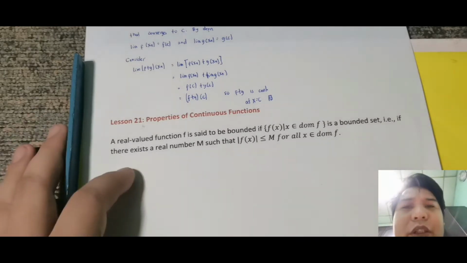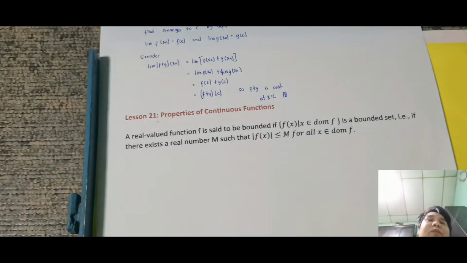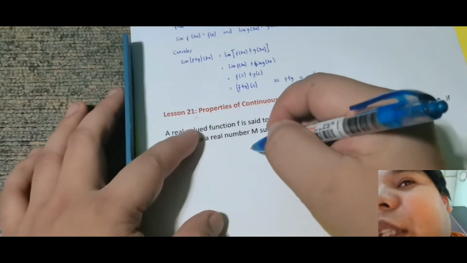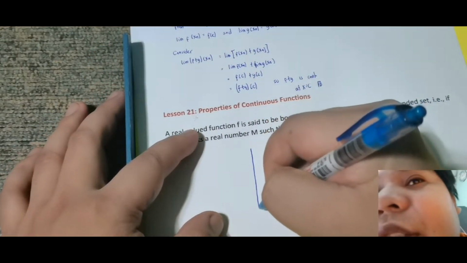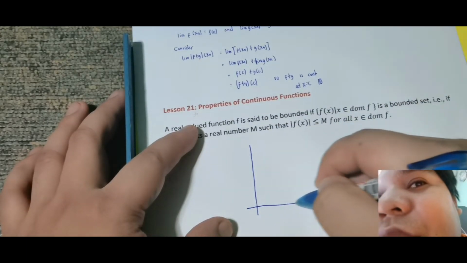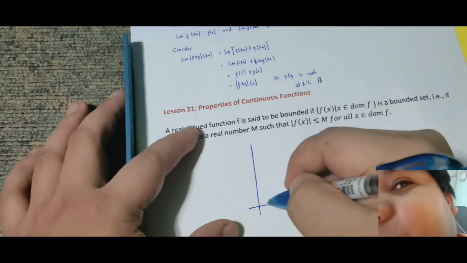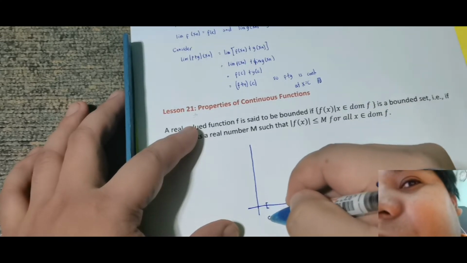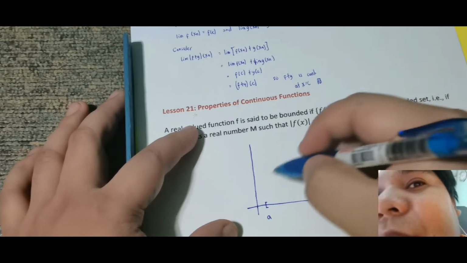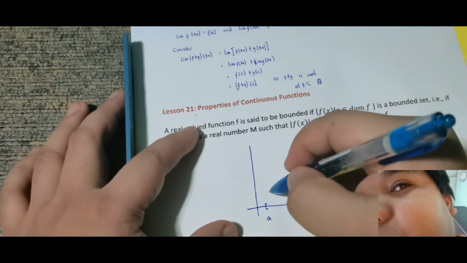So in figure, ano ba itsura nito? Again, bounded siya, tapos yung mga f of x are on the y-axis. Kunyari, meron tayong function. Let's say ito yung kanyang domain, the closed interval AB. Then ito yung kanyang function.